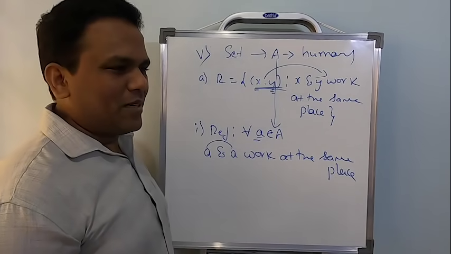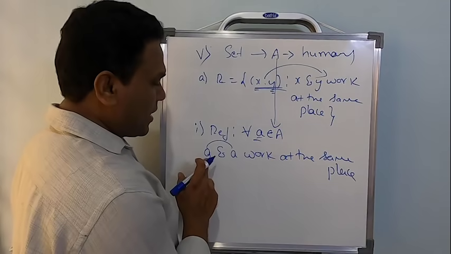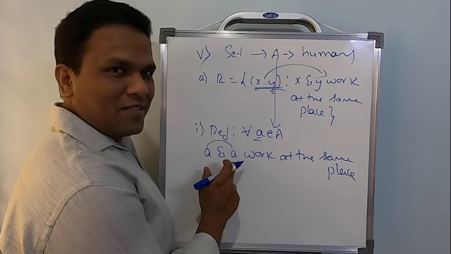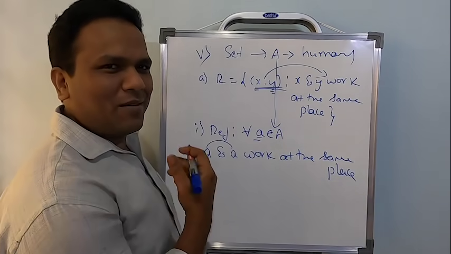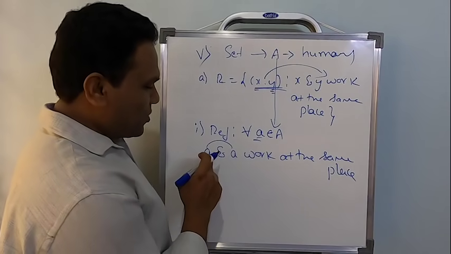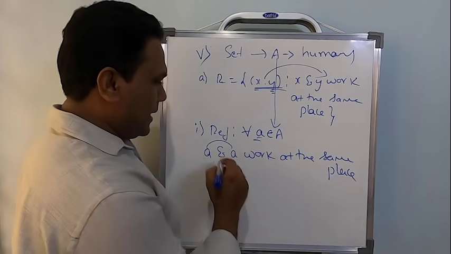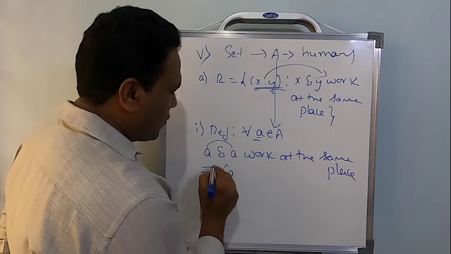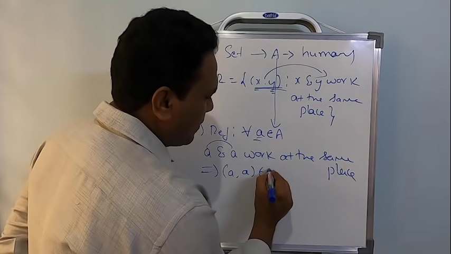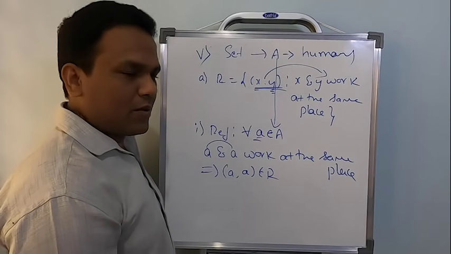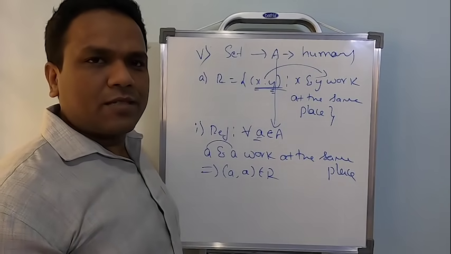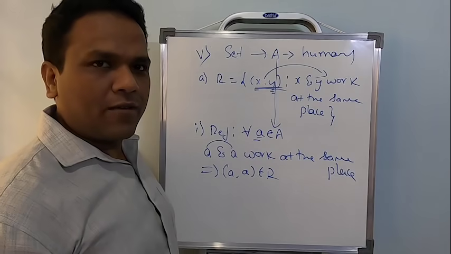It is possible, it's a universal thing: me and myself. So A and A work at the same place. Hence the ordered pair (A, A) belongs to the relation. These problems have to be discussed in general. For human relations, we cannot give any examples.